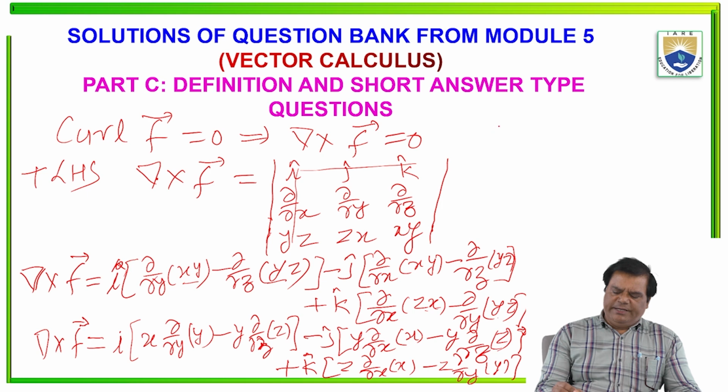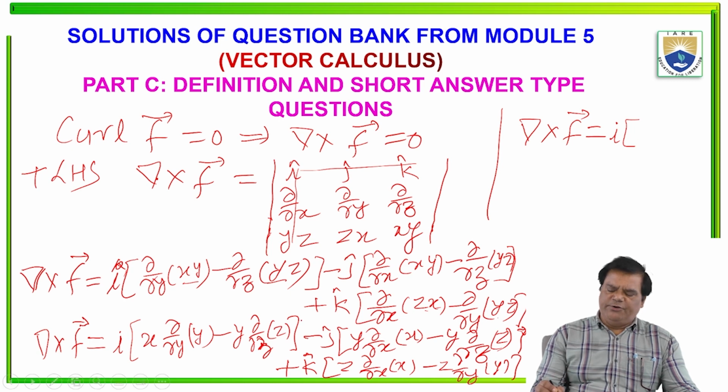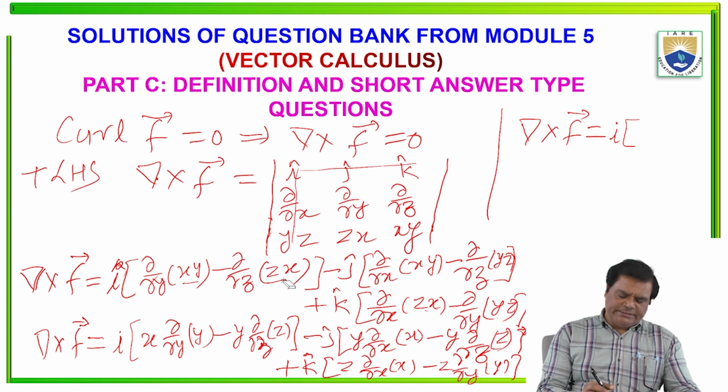Clear? So we get del cross F equals i times the bracket: x into 1 minus y into 1, so x minus x. Here I corrected a mistake: it is dou over dou z of zx, so x is common.